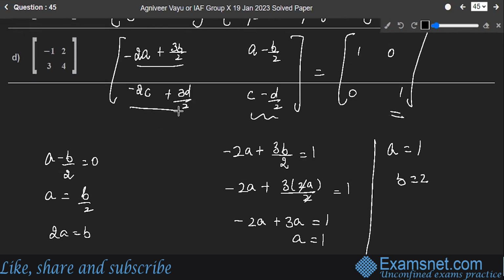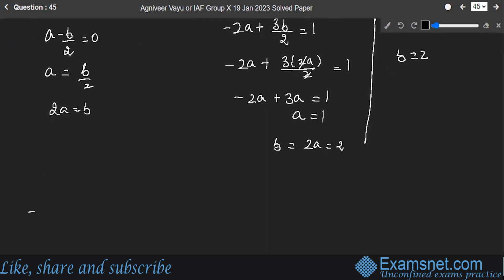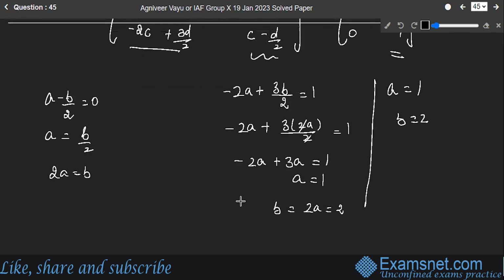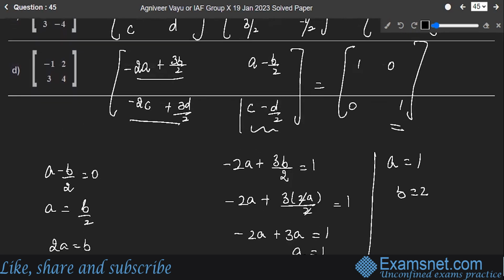I'll pick up this thing: (-2C + 3D)/2 is equal to 0. That makes -4C + 3D equal to 0, or 4C is equal to 3D. Also, you know that (C - D)/2 is equal to 1.